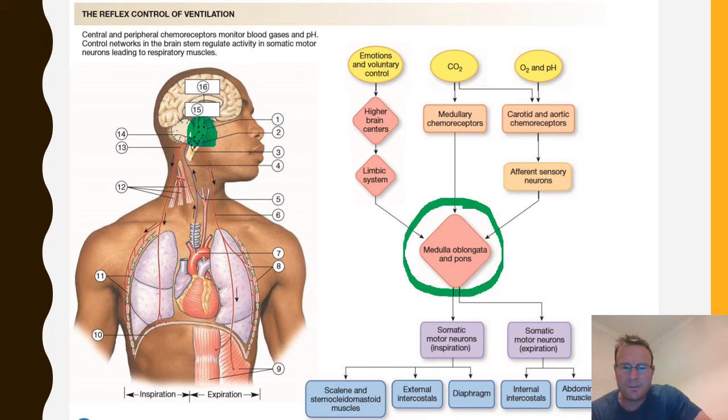Now, the first information I mentioned previously was from our emotions and our higher brain centers. So this is coming from here. I'm not going to talk about that massively, but these two bits we might consider our higher brain centers.